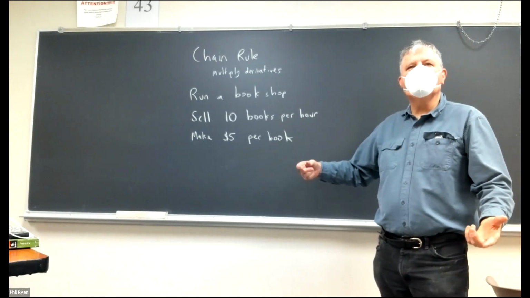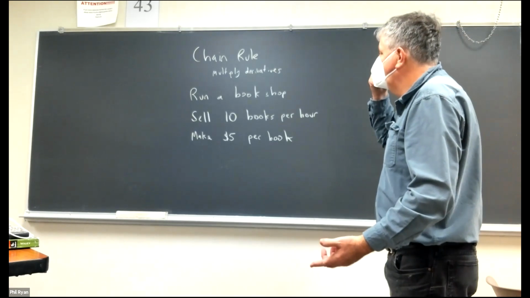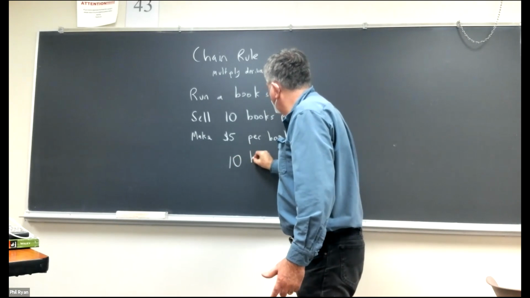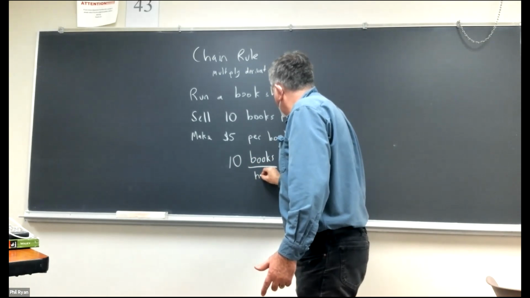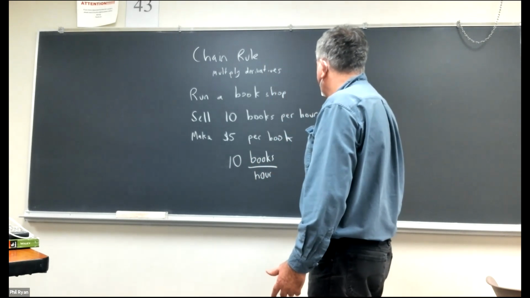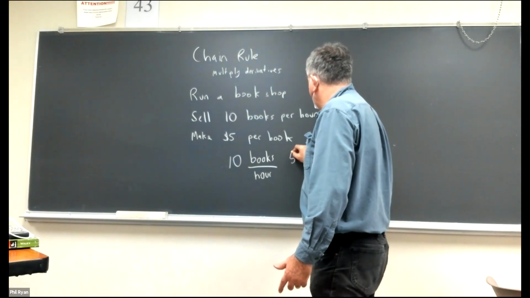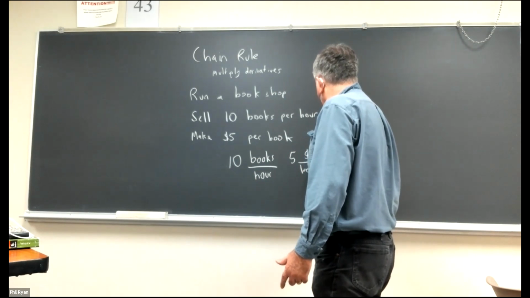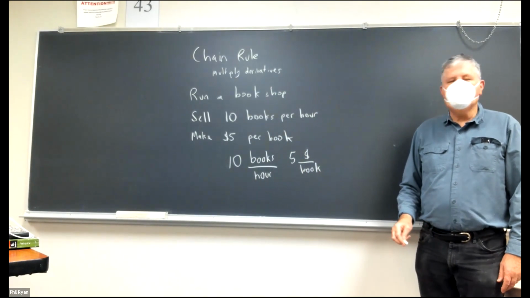And how did you get to that? Multiply the number of books by the price per book. Right, because if we write it like this, 10 books per hour, $5 per book, it sort of becomes transparent, right?